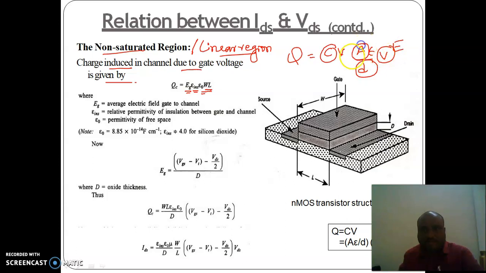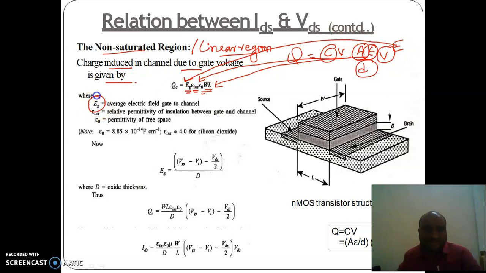Here A is represented as W into L, that is width into length. Epsilon is given as epsilon ins into epsilon naught, that is epsilon r into epsilon naught, relative permittivity into epsilon naught, and E is given as Eg.